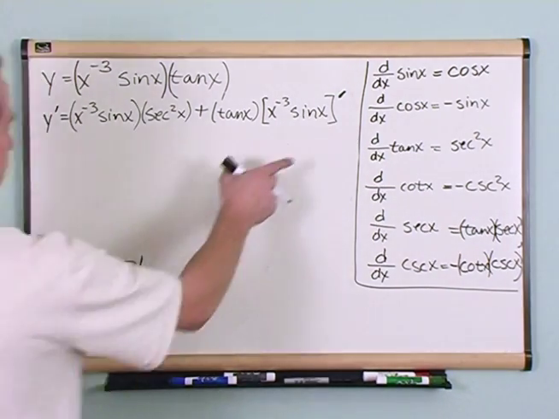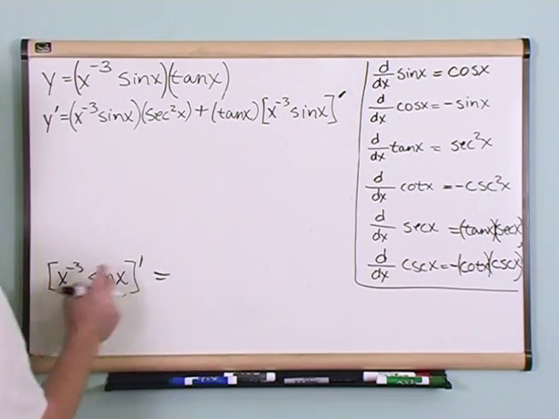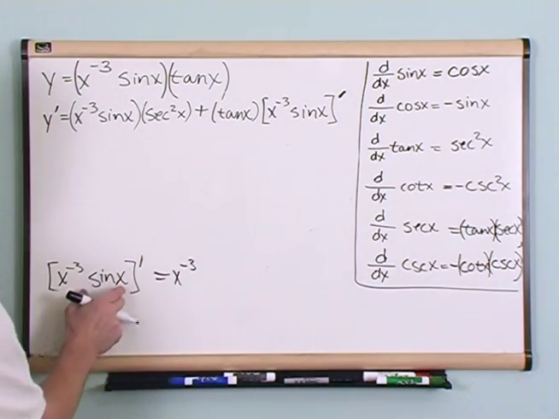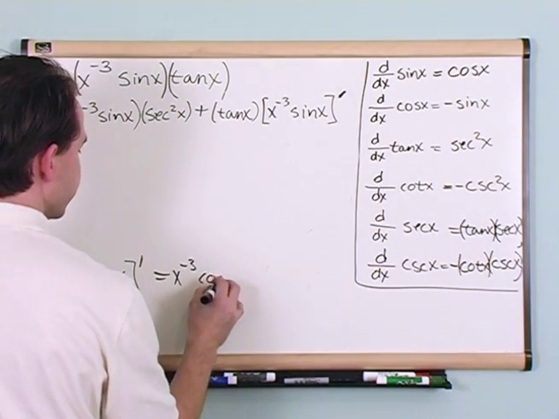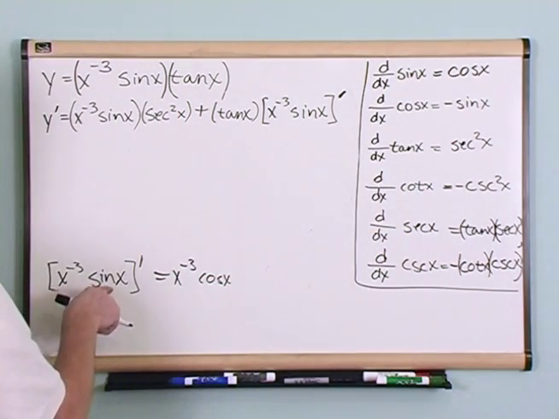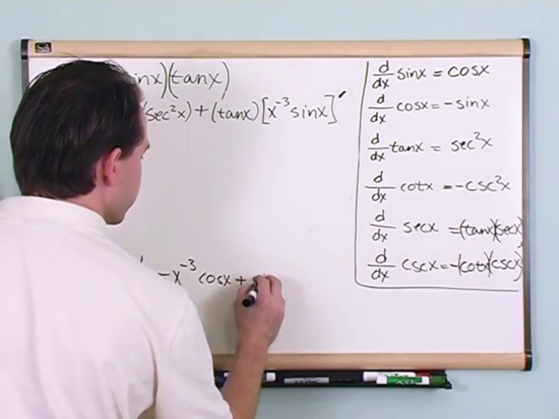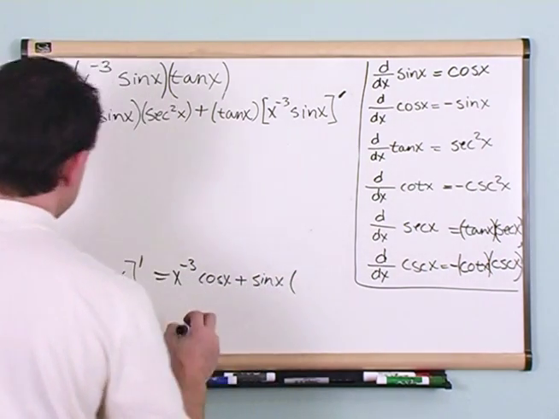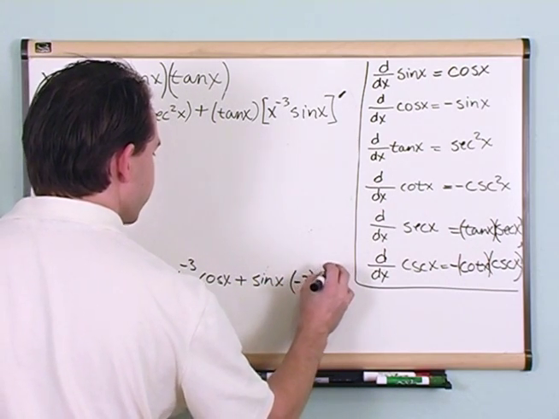Okay, so what we want to do now is work with this term and find the derivative of that. So we've got the first term here is x to the minus 3 times the derivative of the second. Derivative of the second term is just cosine of x. First times the derivative of the second plus the second, which is the sine of x, times the derivative of the first. And this is a polynomial, and remember the way you take the derivative of that is minus 3x to the minus 4.